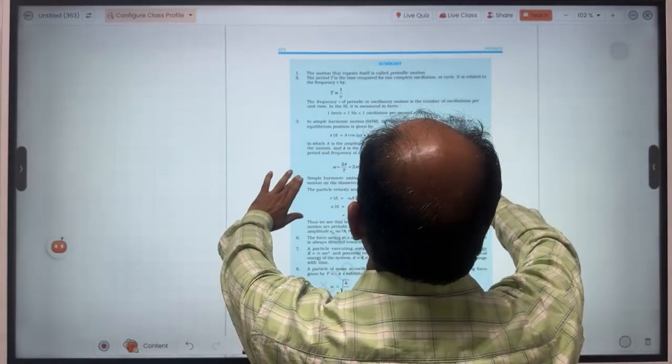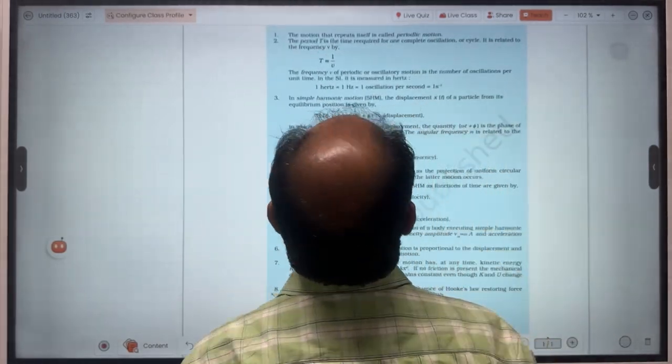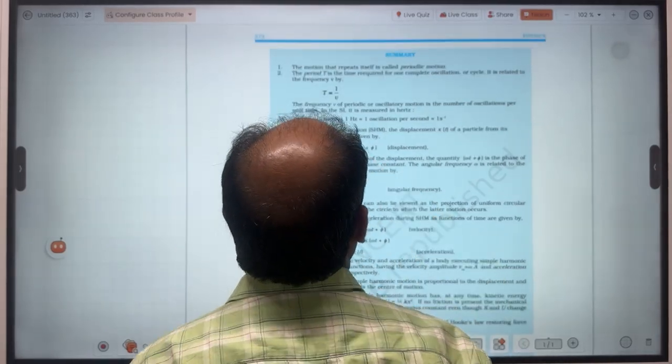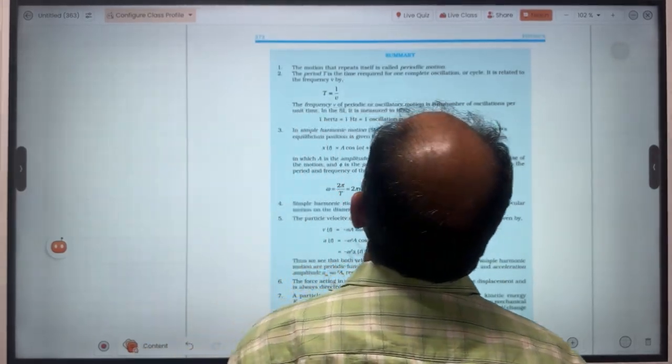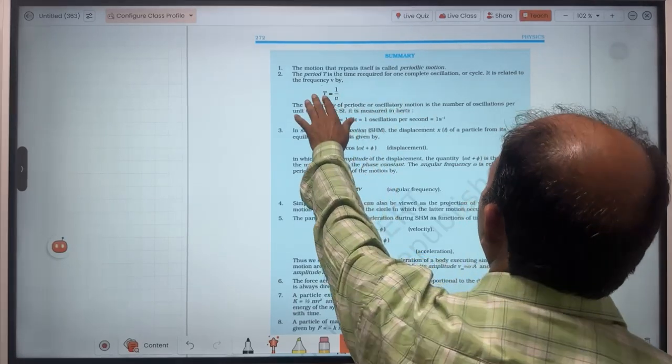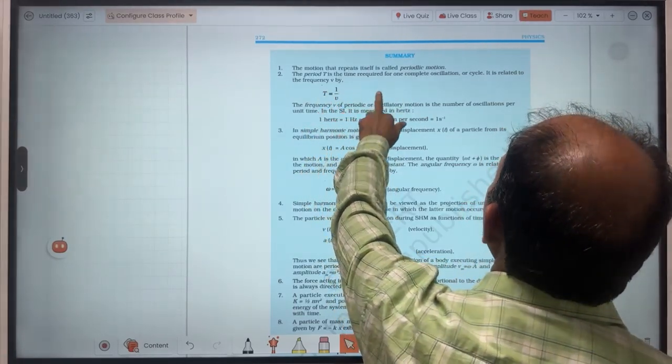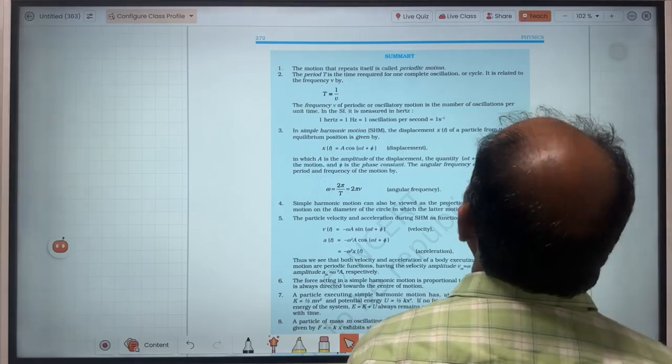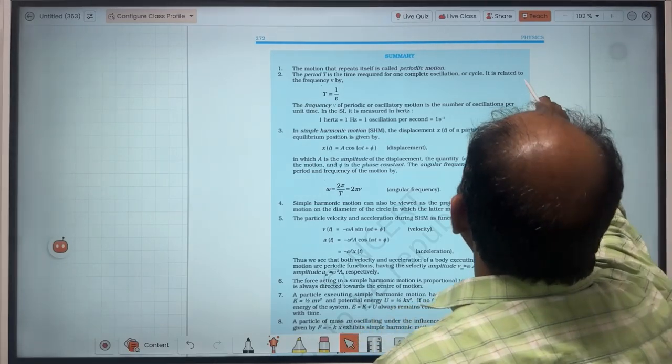So the chapter is over. Let's have a quick recap of the chapter. The motion that repeats itself is called periodic motion. The period T is the time required for one complete oscillation or cycle.